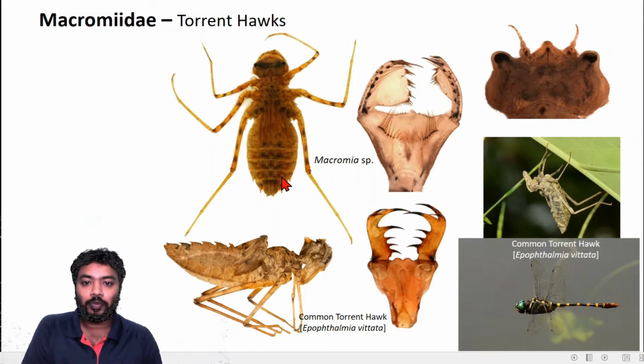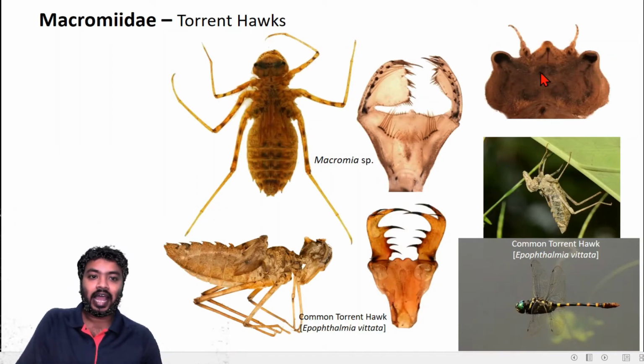So this is a Macromia species, probably Macromia murrayi, and they have small, anteriorly projected eyes. And this Macromia genus has a hood like this. This is a horn-like projection, only found in the Macromia genus. So if you see this projection on the head, you can definitely say, okay, this is Macromia.